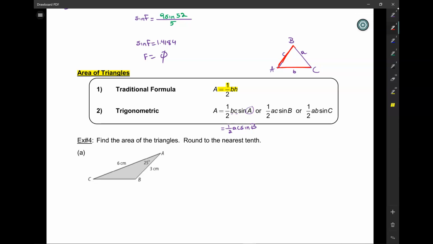And then which angle is it? This first one, half b times c times sine of what? A. Where is angle A? In the middle of those two sides, right? So that's how it always works. It's always the angle in the middle of the two sides.